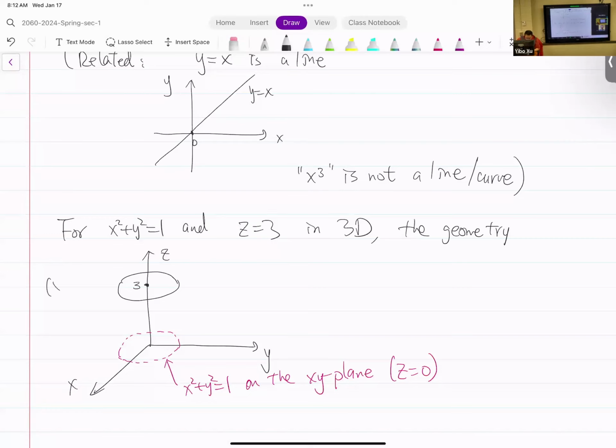So every point will have the form x, y, 3 in the last coordinate. So x squared plus y squared equals 1, that's specifying the xy relationship, right? And then at the same time, you must have z equals 3. So you see, okay, we have a system of 2 equations, and essentially this defines a curve.